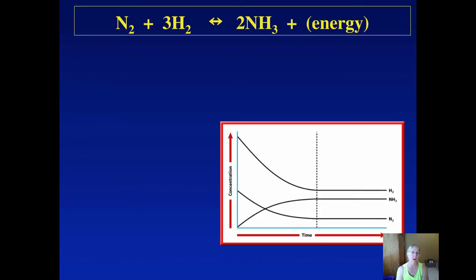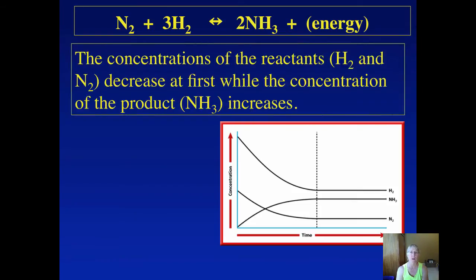You could also graph the formation of the ammonia compared to the consumption of the hydrogen and the nitrogen. So the way you interpret something like this is here's time starting, and down here is that reaction coordinate or time going by. This is measuring the concentration of your reactants or products.